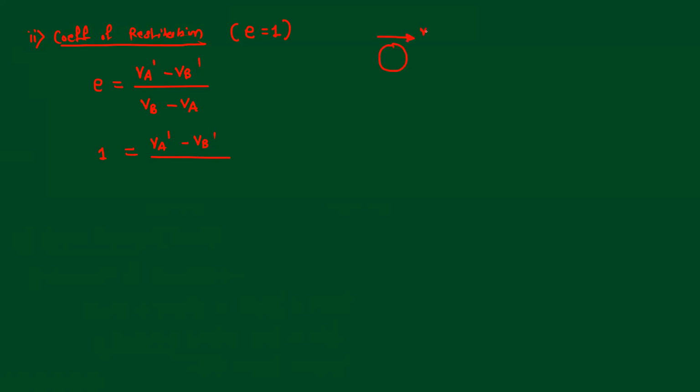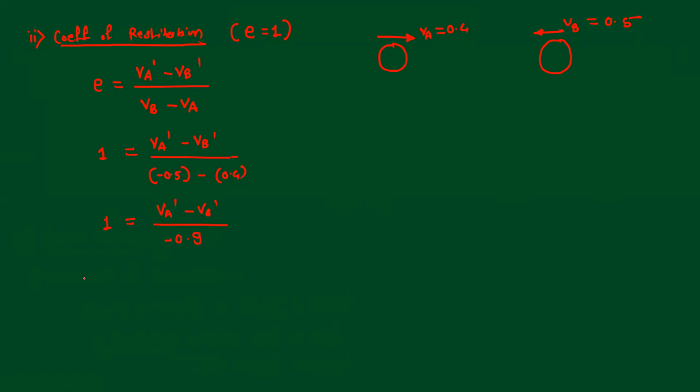VA is 0.4 and VB is minus 0.5. So 1 is equal to VA dash minus VB dash divided by minus 0.5 minus 0.4, which is minus 0.9.